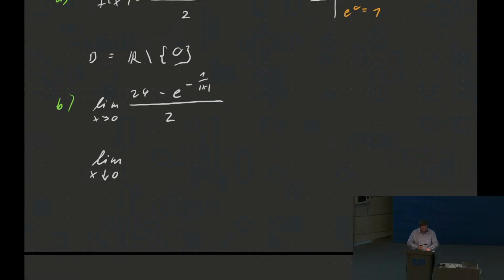So we could resort to first computing the one-sided limit as x approaches 0 from above. That means x is always positive. We can assume that. And then we just get e to the power of minus 1 over x, because in that case, the absolute value of x is just x.